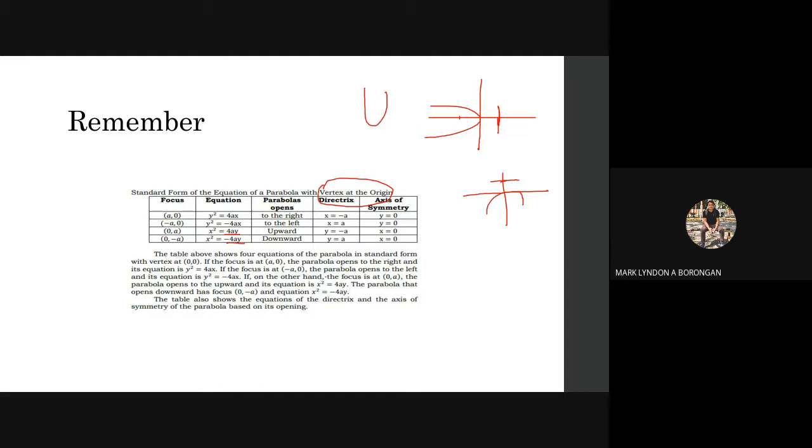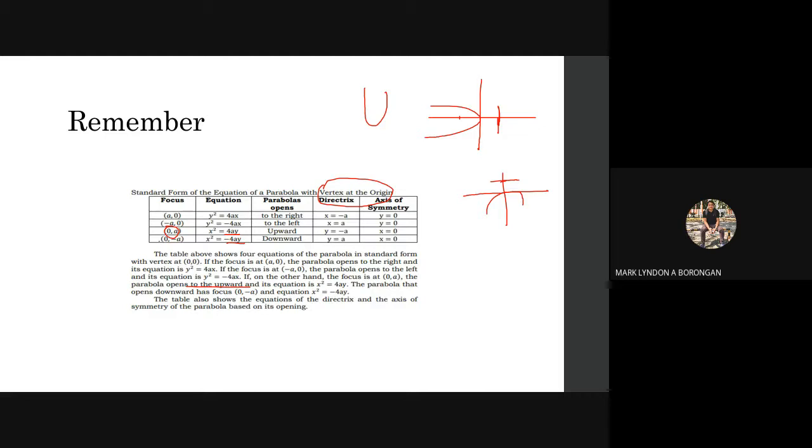If, on the other hand, the focus is at 0, a, it obviously means it opens upward. So the parabola opens upward and its equation is x squared is equal to 4ay, and the parabola that opens downward has focus 0, negative a.